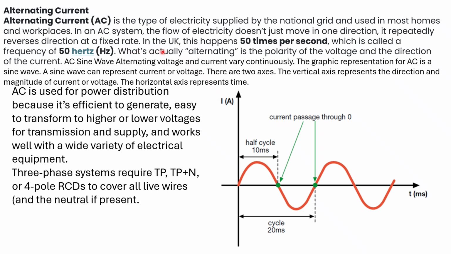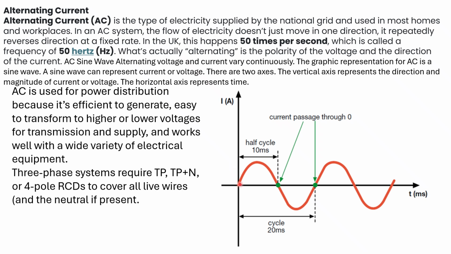What is actually alternating is the polarity of the voltage and the direction of the current. In an AC sine wave, alternating voltage and current vary continuously. The graphic representation for an AC is a sine wave. This is the sine wave. Here is the time and here is the current or voltage.